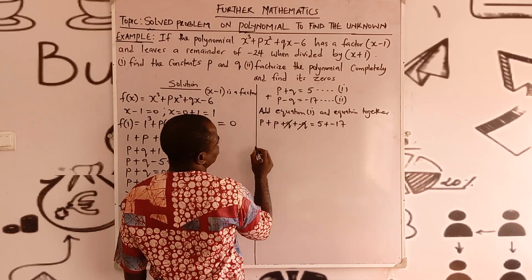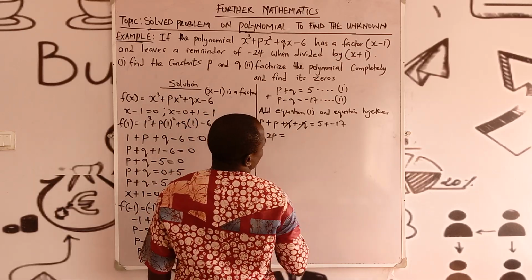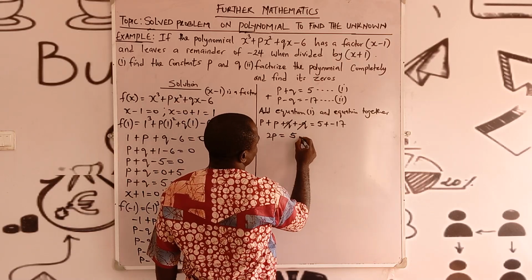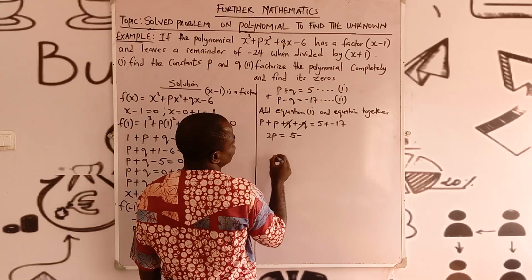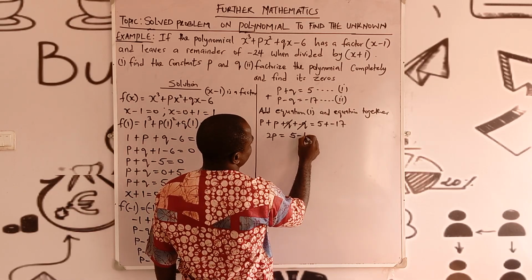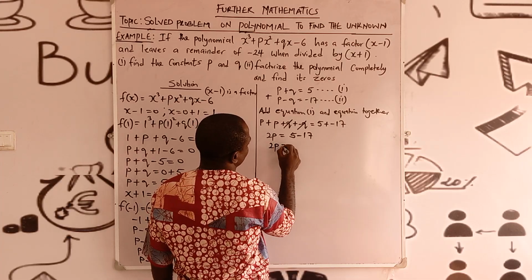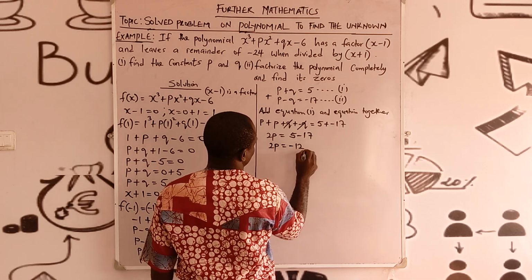This minus q cancels plus q, we have 2p equals 5 minus 17. Now 2p equals 5 minus 17, that is minus 12.